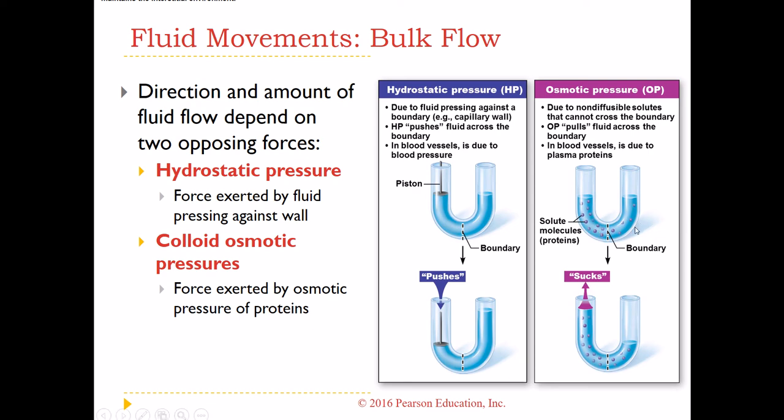The water is going to move from the area of lower solute concentration to the area of higher solute concentration so that they're in equilibrium. Essentially, these non-diffusible molecules in our blood vessels, all of our plasma proteins like albumin, are basically pulling the water, like sucking it like a vacuum, towards the area where the major concentration of solutes are.